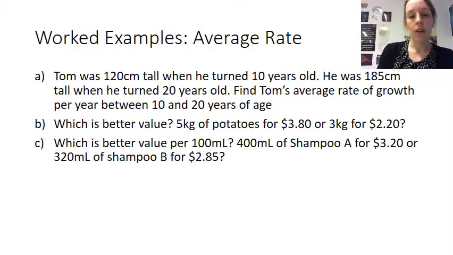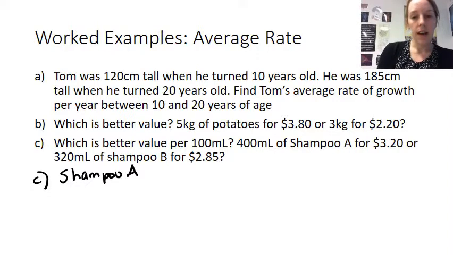Okay, so for C, which is better value per 100 mils, 400 mils of shampoo A for $3.20 or 320 mils of shampoo B for $2.85. So shampoo A, it's $3.20 for 400 mils.